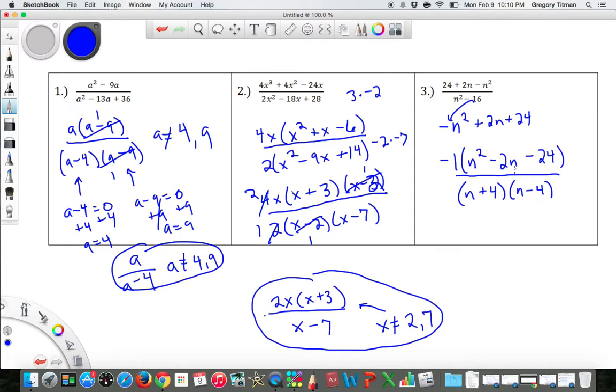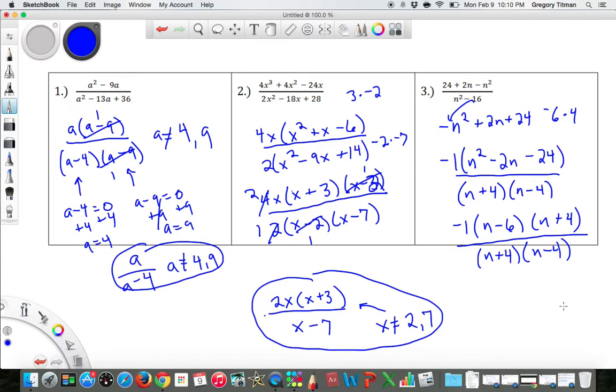If we figure this one out, the factors of negative 24 that have a sum of negative 2 would be negative 6 and positive 4. So negative 6 times 4 is negative 24, and negative 6 plus 4 is negative 2. So our numerator factors as negative 1 times (n minus 6) times (n plus 4), over our denominator, which is (n plus 4) times (n minus 4).